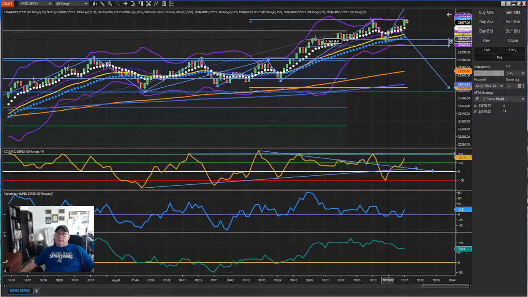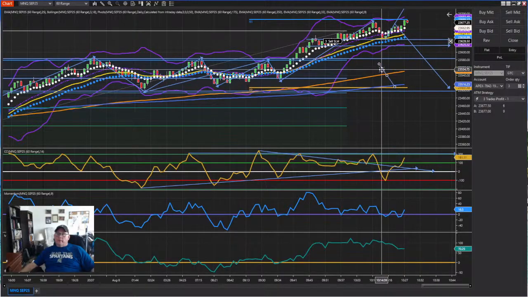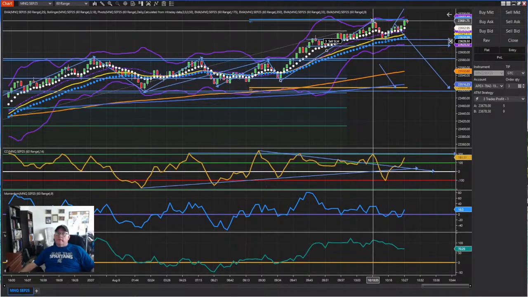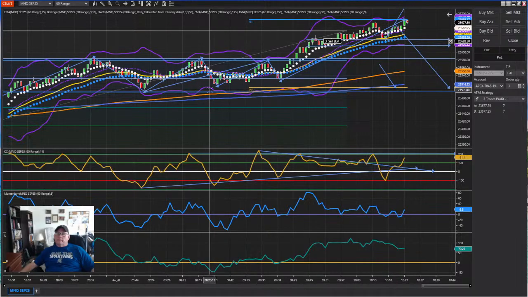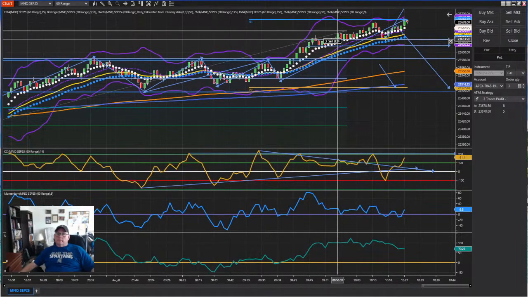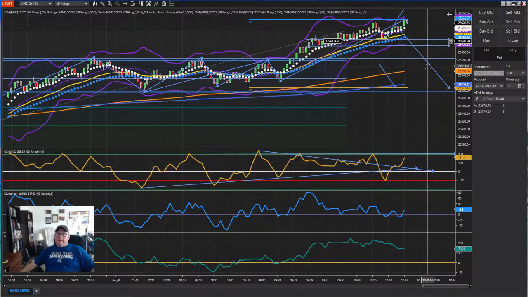This is not deep enough. This still is our 5 point. Let's get rid of that. Still got a 5 point. We just went into, we never really formed an ABC correction yet.